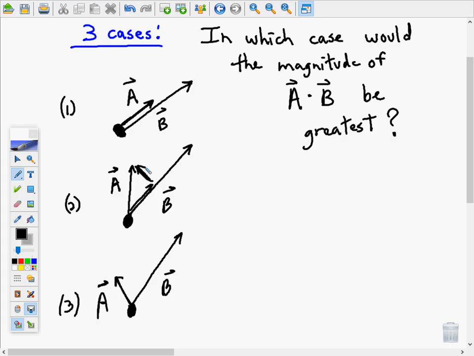And you would only want this little piece right there, A parallel, and you would multiply A parallel times B. Yes? And then this one here, how much of vector A is parallel with vector B? So guess what the dot product is going to be equal to in that case? 0.